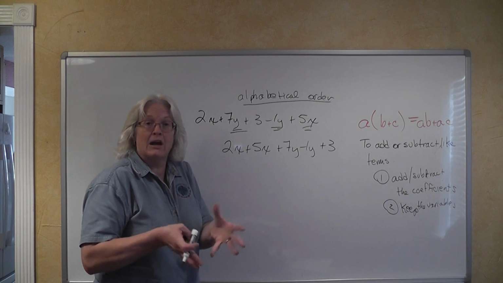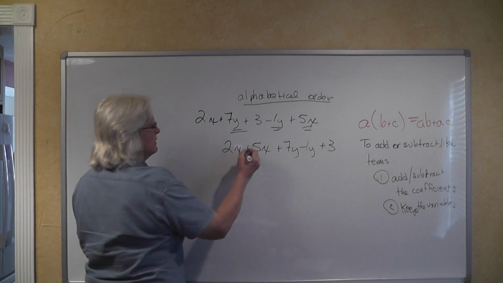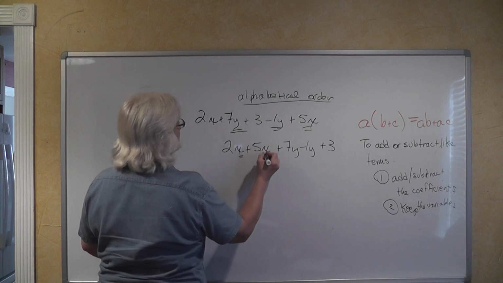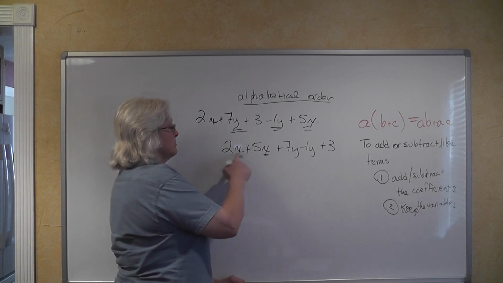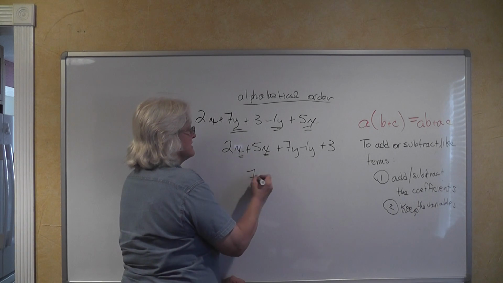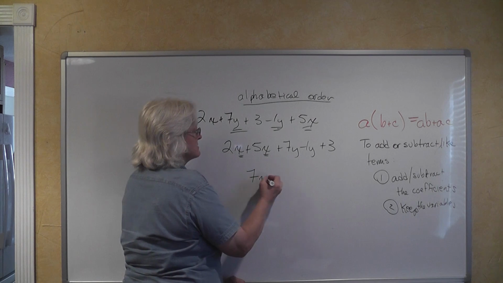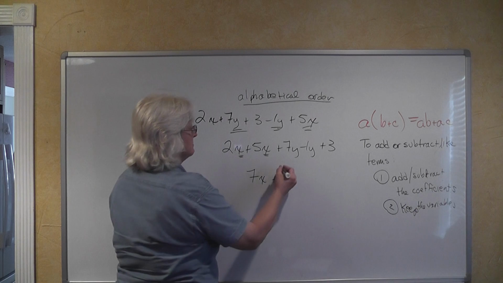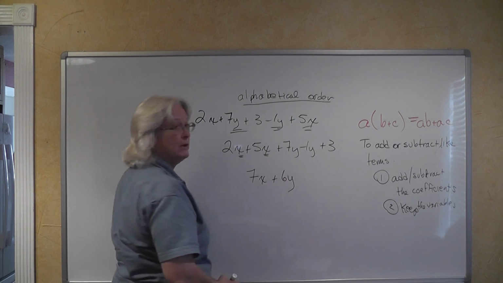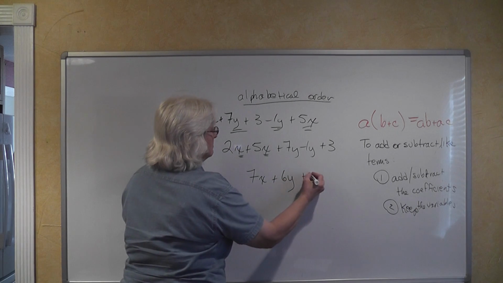And I said that in actual practice, all you do when you have variables is add their coefficients. 2 plus 5 is 7, and we keep the x. Plus 7 minus 1 is 6. You have 6y plus 3.